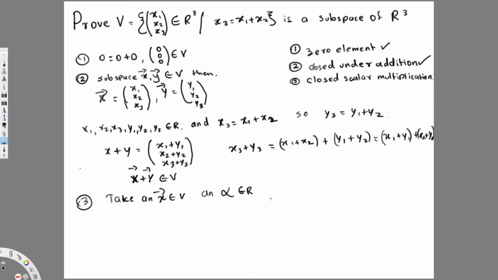Then x is equal to x1, x2, x3. Also we know x1, x2, x3 are real numbers. Also we have the information that x3 is equal to x1 plus x2.